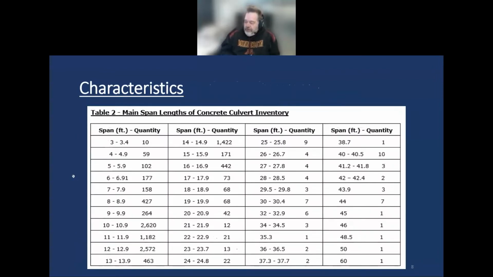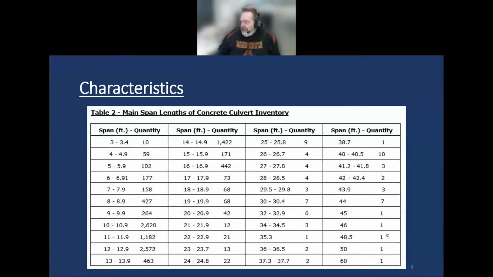If we take a look at what those span dimensions are for the different culverts in the inventory, they vary quite a bit, from something as narrow as 3 feet to as wide as 60 foot for a span.